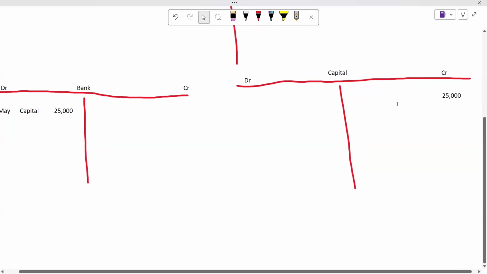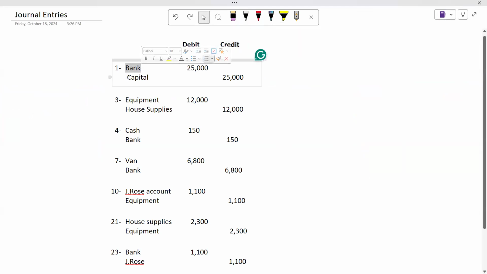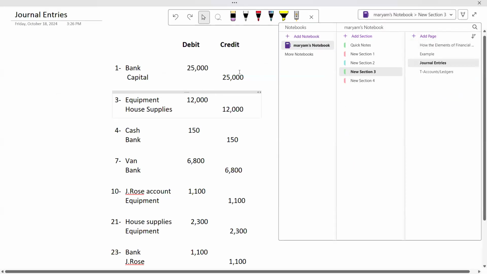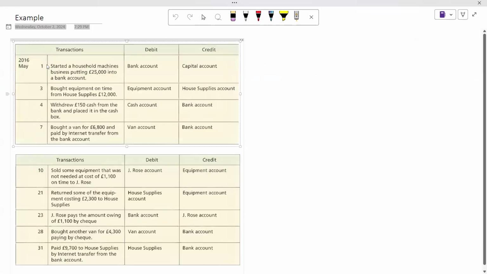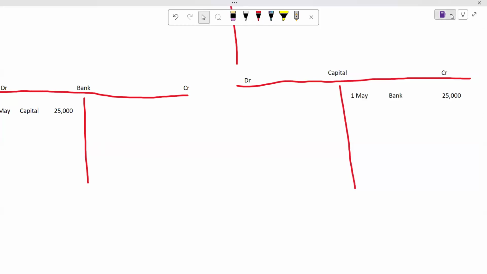But then here, I'm going to write the name of the dual affected account, which is bank. So in the bank's T account, I wrote a reference for capital because this is a dual effect against this bank. And in the capital account, the dual effect is the bank account. So I'm going to write bank in here, and it happened on 1st May. Was it 1st May? Let me check again. Yes, according to the example it was 1st May as well. So we have solved the first journal entry.